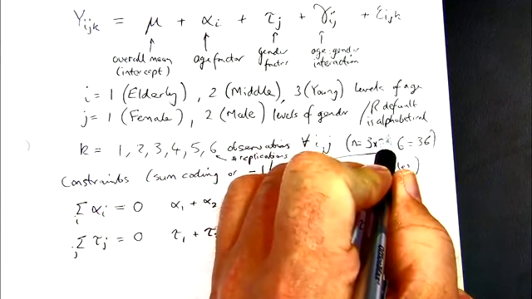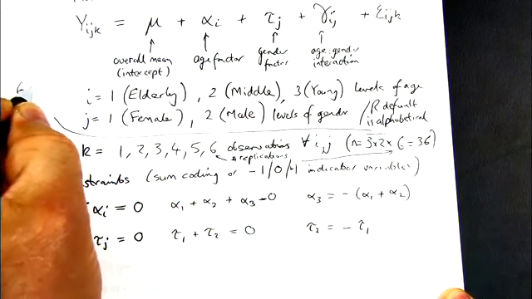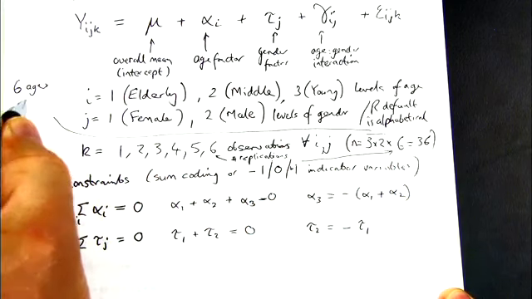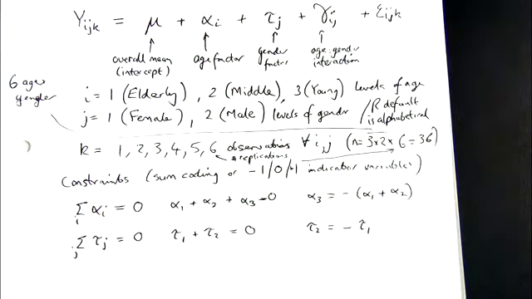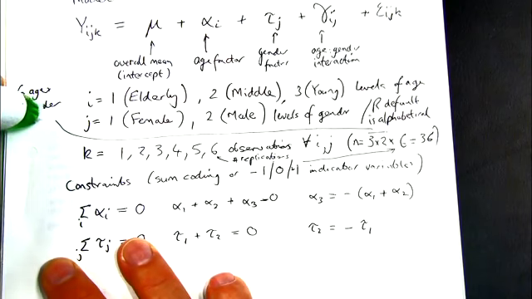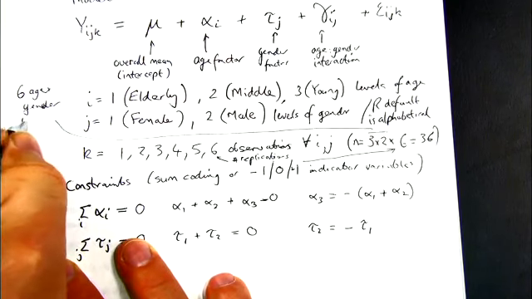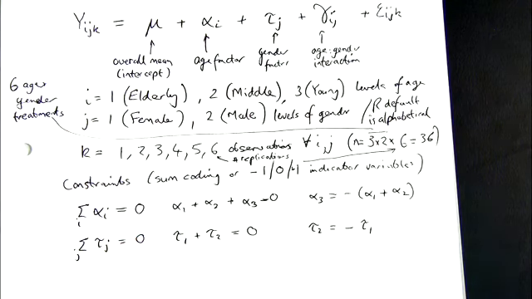And those are the treatments. 6 age by gender. All this is embellishing the description. Useful stuff, but in fact, any good statistician could work out what's going on from a much more minimal description here. So there's six age by gender treatments with 6 replications of each for a total of 36 observations.